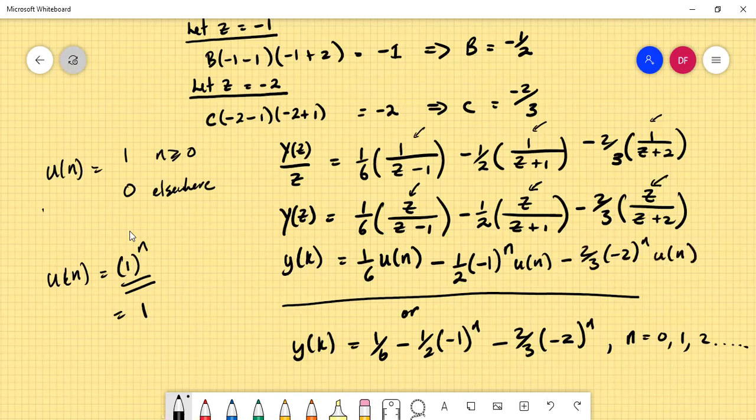Each of them starts at 0 and goes 1, 2, 3, 4, 5, 6, it's equal to 1. So you're multiplying this sequence by 0 before that, but it tells you where it starts. It starts at 0 and goes up. So that's what this u(n) is. These two statements are equivalent. So that's why I said you can write it like this, or you can write it as the statement below.